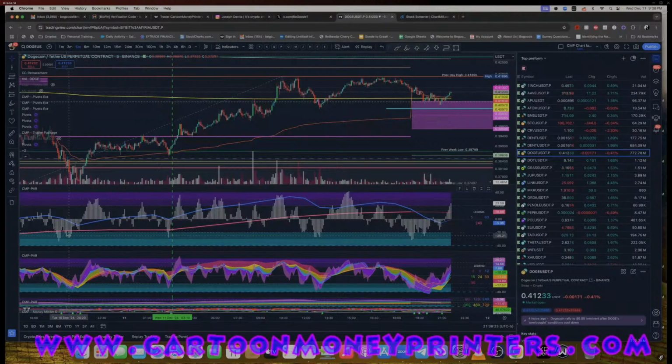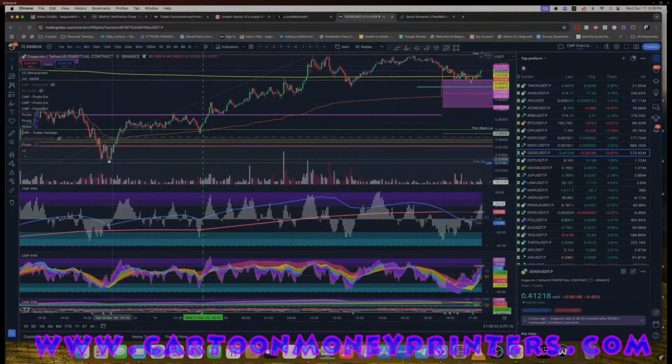That is a hidden bull div because price made a higher low while the indicator made a lower low. Your entry could have been when the 5-minute came out of the oversold.